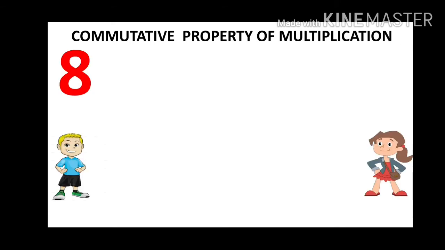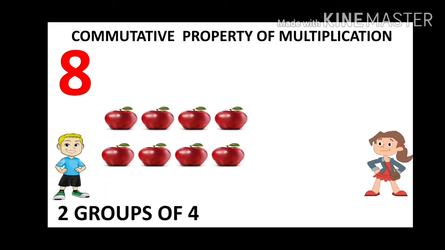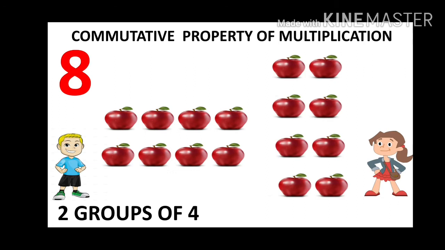Those 8 apples, what Johnny did, he arranged into 2 groups of 4 apples each. So in each group he kept 4 apples and arranged it in this way. What Ginny did, she grouped 2 apples in 4 groups. So she has 4 groups of 2 apples. Johnny has 2 groups of 4 and Ginny has 4 groups of 2, the same 8 apples.